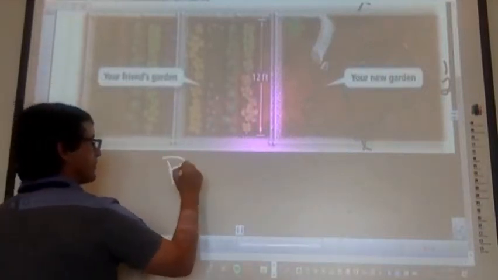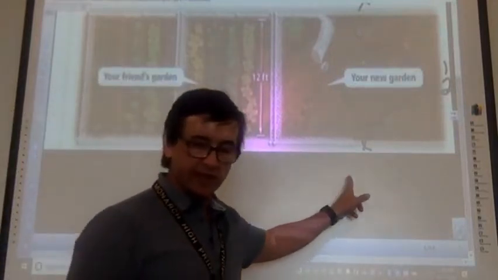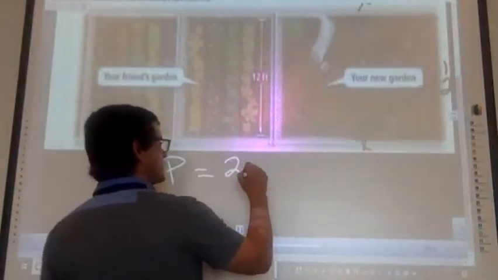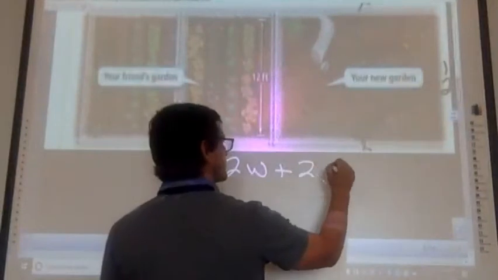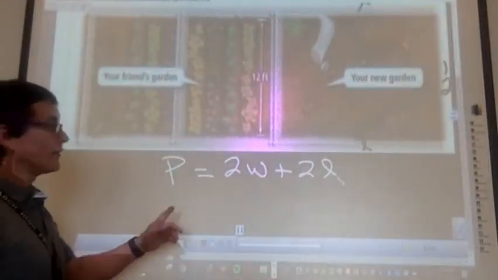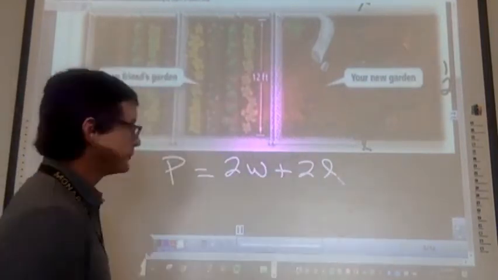So equation for perimeter, I could just add width plus length, but I'm too lazy to write that many variables. So we're going to have 2 W's, so 2 widths plus 2 lengths. That's perimeter, okay? Like I said, you could have W plus L plus L, totally fine.